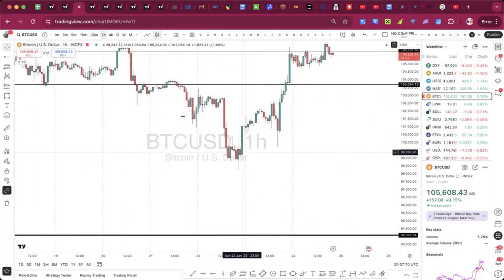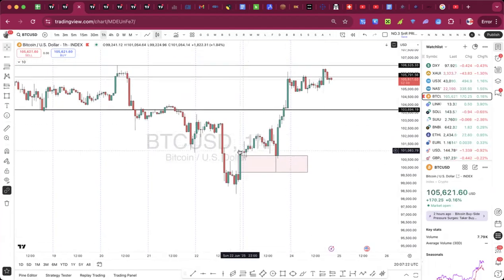Look at it, there's an imbalance here. If you look at Bitcoin here, you can see that the market came to fill it. And once the market comes to fill an imbalance, it gives more strength for its movement towards the direction where it's going.